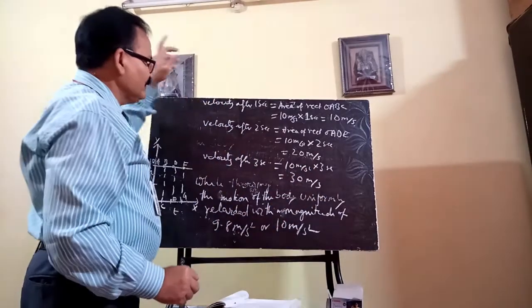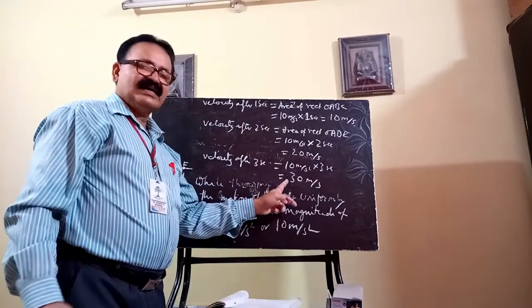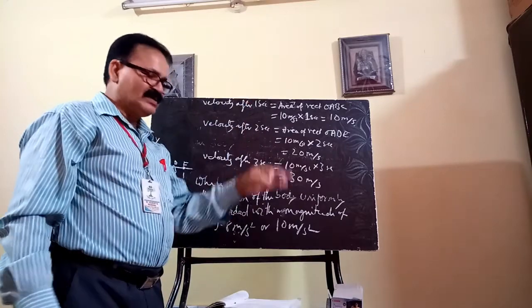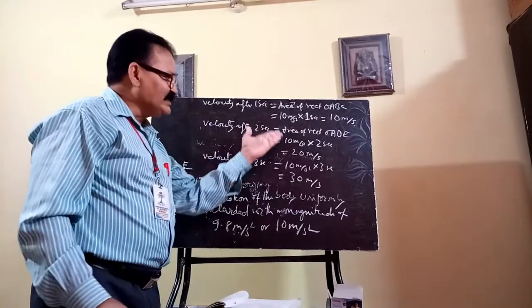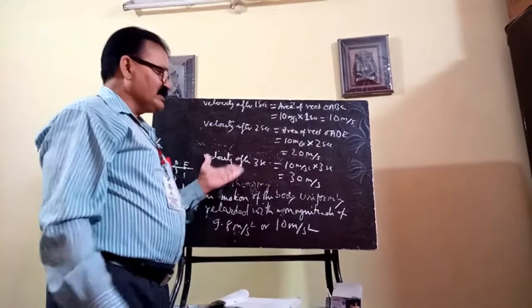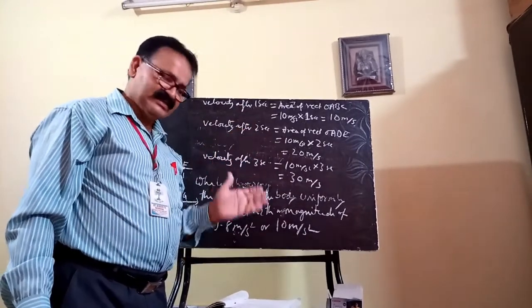So you see velocity 10, 20 and 30 meter per second. So while a body falls freely under gravity, velocity increases in a constant manner. That means the body is having uniform acceleration.